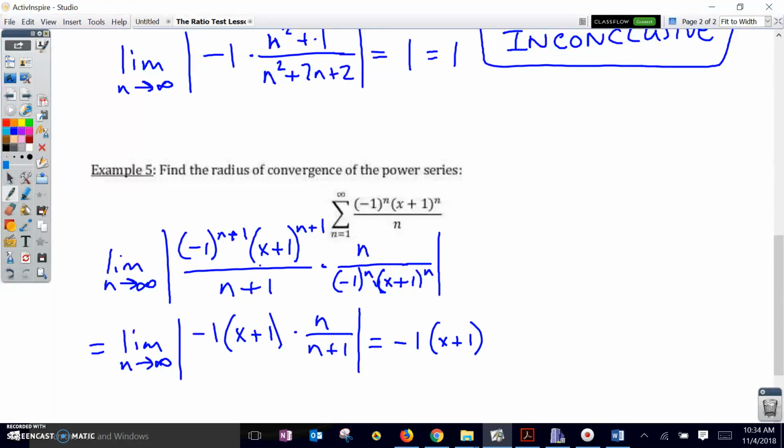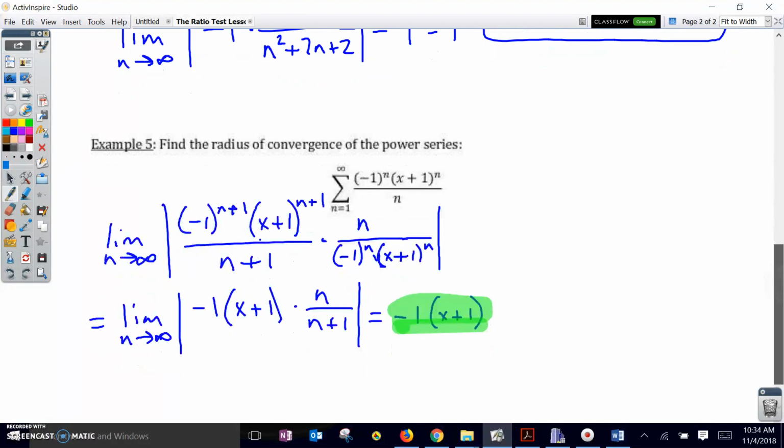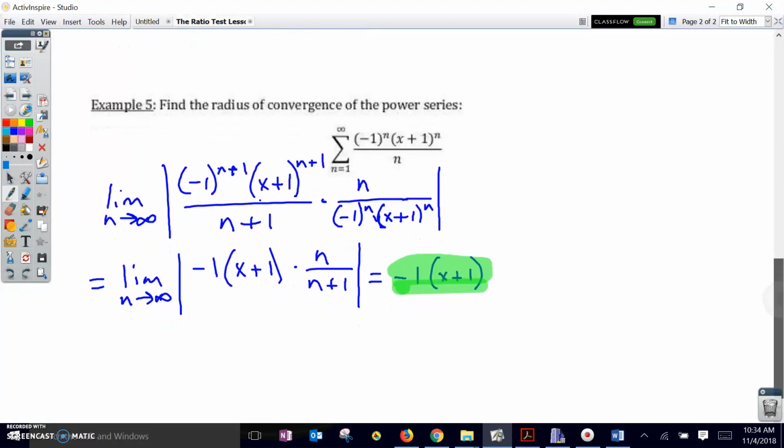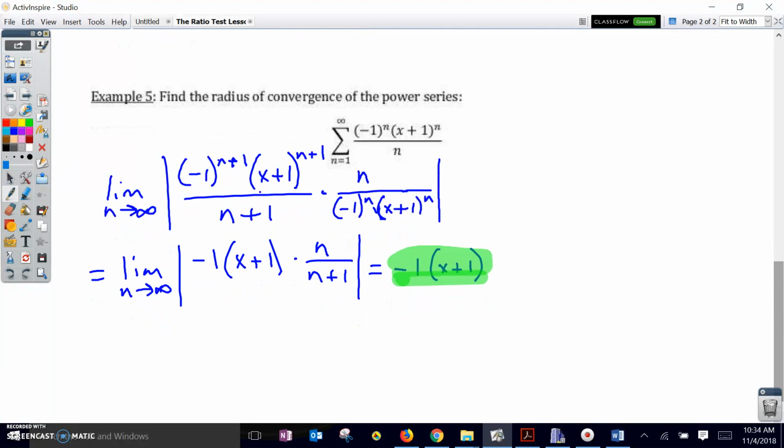Now, in order for this series to converge, we need this output that we got from the ratio test to be less than 1. Or really, we need the absolute value of this to be less than 1.